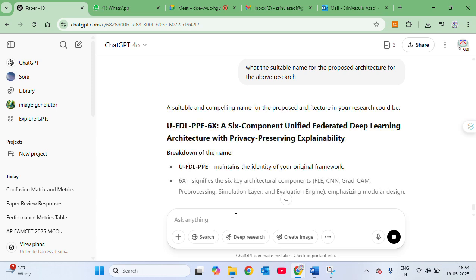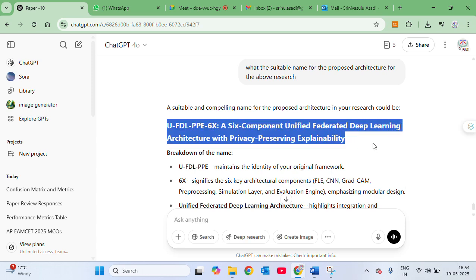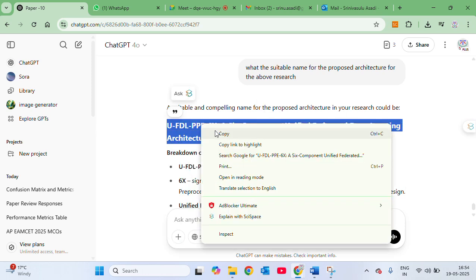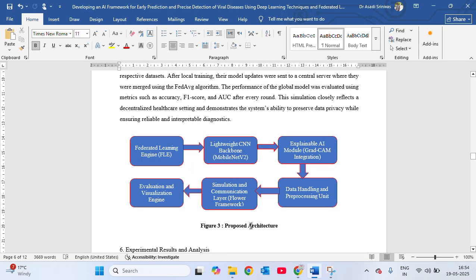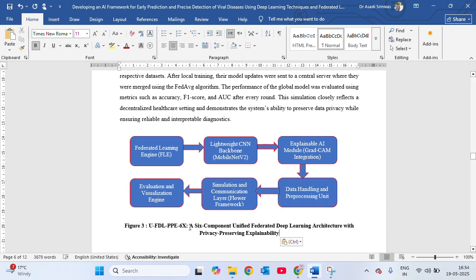UFDL PPE, a 6 component unified federated deep learning architecture with privacy preserving explainability. A 6 component unified, we will remove that. Why? We will keep it like this. Okay, now the proposed architecture here. Okay, a 6 component unified.